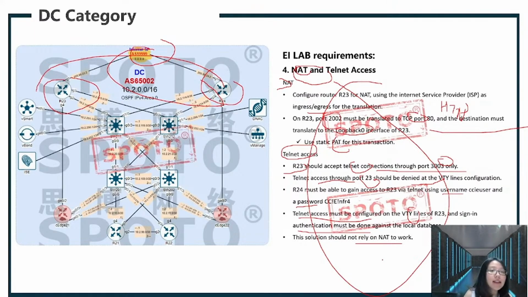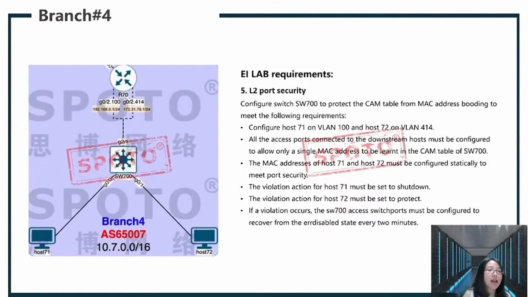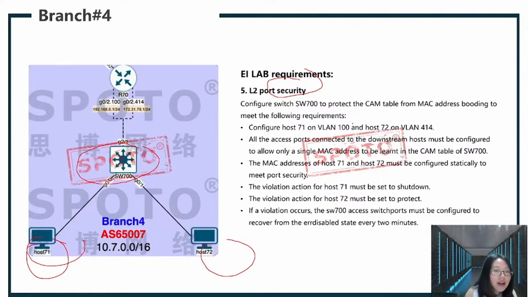Okay, so let's see the next requirement about layer 2 port security. We need to configure host 71 and 72, 71 on VLAN 100 and 72 on VLAN 414.